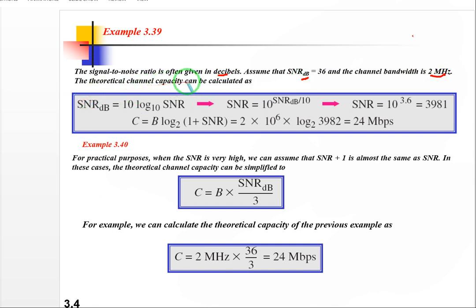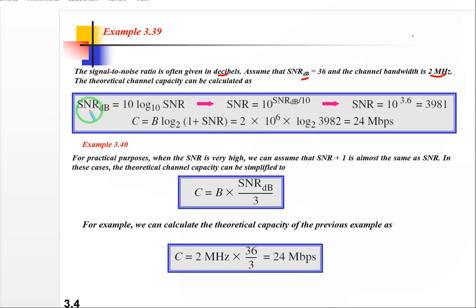The theoretical channel capacity can be calculated with this formula, but in the formula you don't have dB, you just need the signal to noise ratio. So first you need to transform the signal to noise ratio in dB into a simple signal to noise ratio.